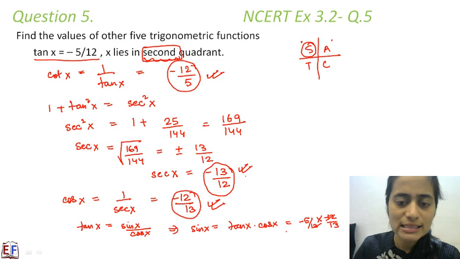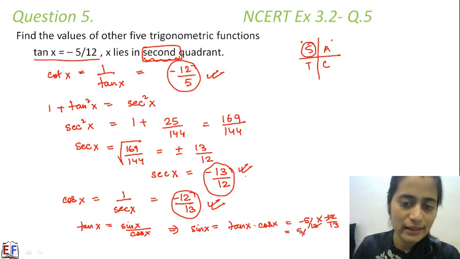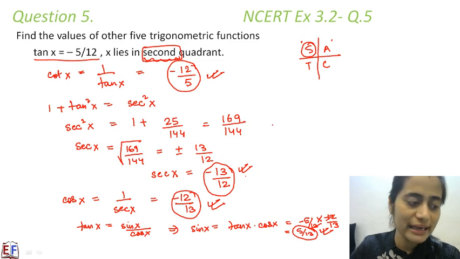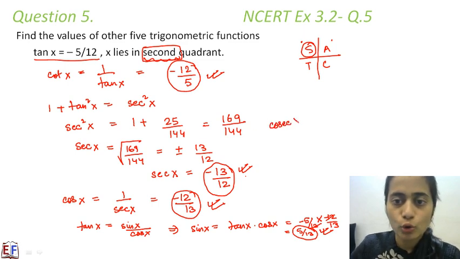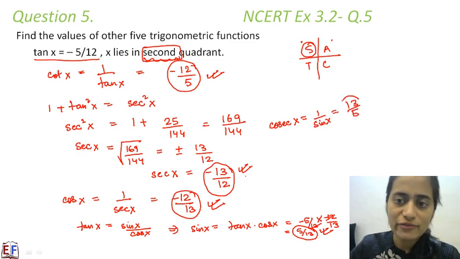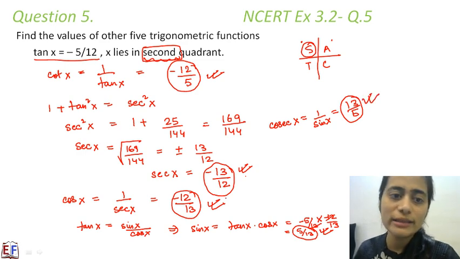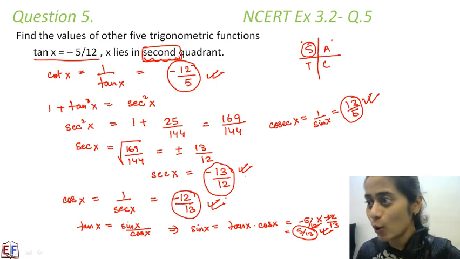So sin x is equal to 5 by 13. Now that we have sin x, what will be cosec x? Cosec x will be equal to 1 by sin x, which is 13 by 5. So you see, in this fashion we found all the values of the different trigonometric functions. Clear? I hope it is.